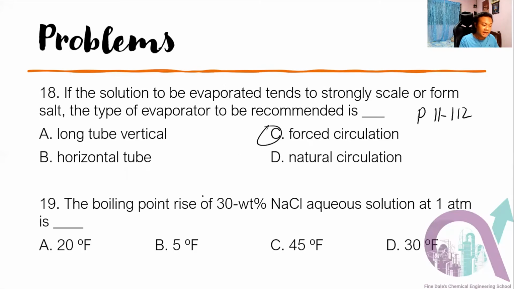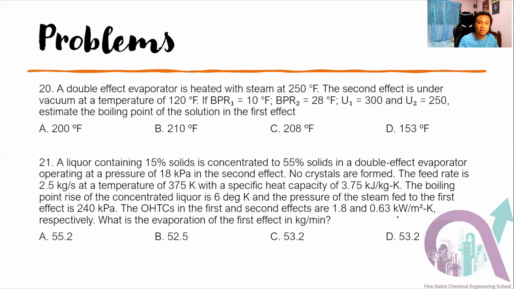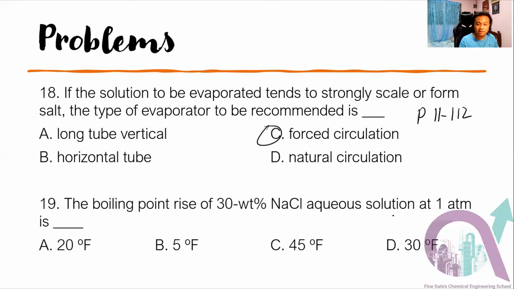Then number 19, you have to use figure 11-124. You might ask what temperature you have to start with. The temperature of the water at boiling is 212 degrees Fahrenheit.